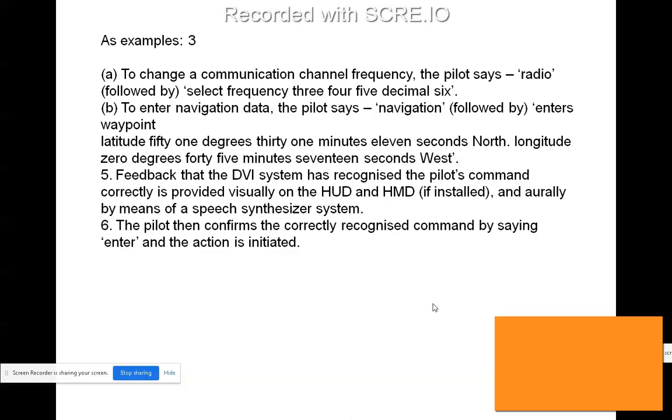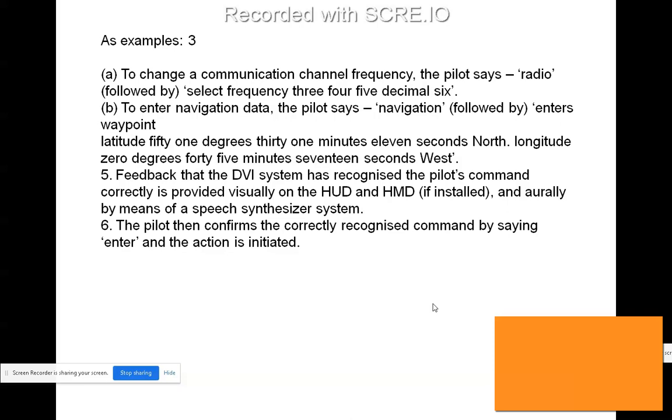So when the pilot wants to change the communication channel frequency, he provides the voice message as radio. Radio means the radio signal is to be changed. Select frequency 345 decimal 6.